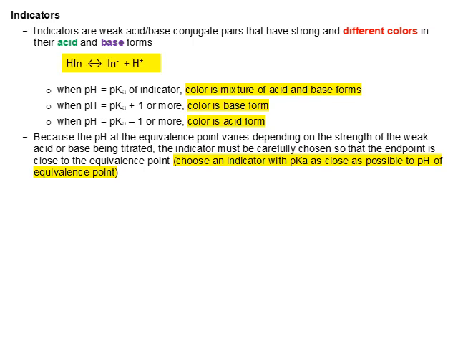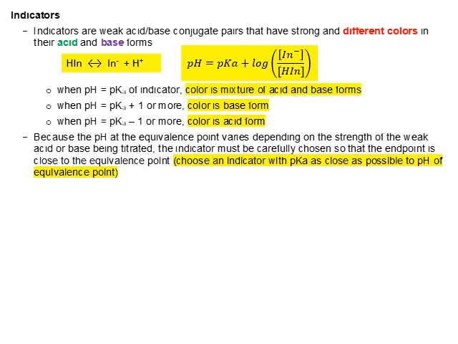Since indicators are weak acid conjugate bases, the ratio of the concentrations of the two forms will depend on the Henderson-Hasselbalch equation. When the pH of the solution is equal to the pKa of the indicator, there will be equal concentrations of the two forms, and the color in solution will be a mixture of the two colors.